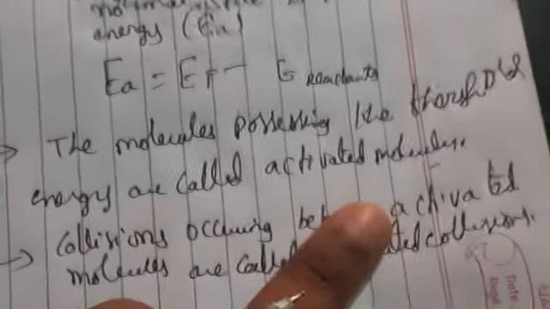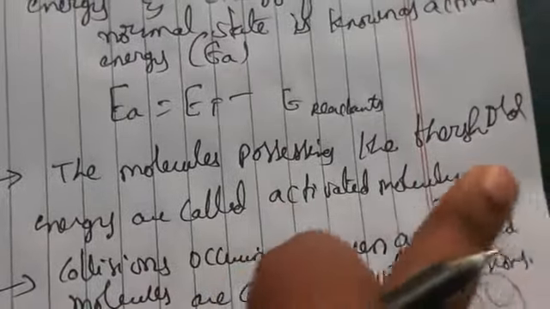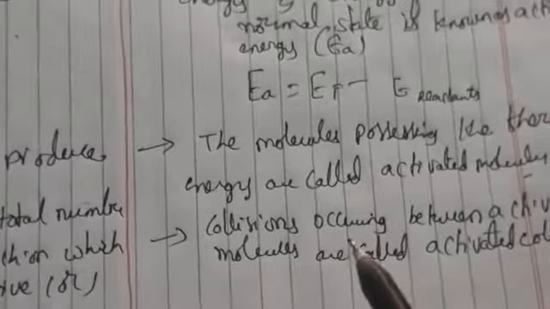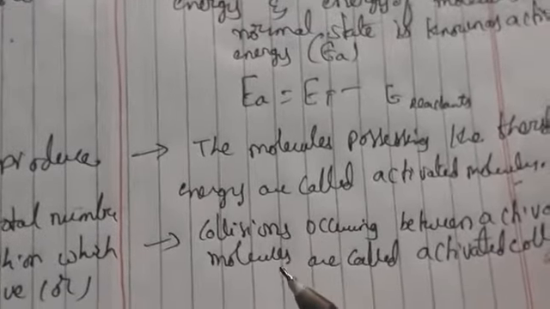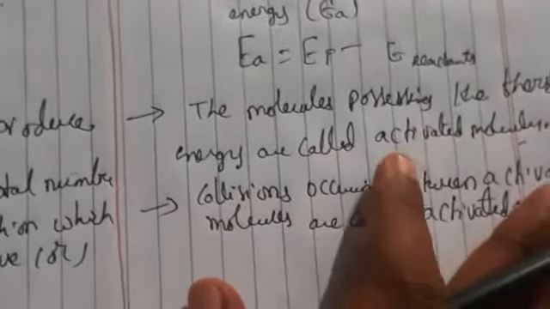What I have told you: the molecules possessing threshold energy are activated molecules. Whenever collisions occur between activated molecules, we call them activated collisions. Generally these activated collisions give the products of the reaction. The fraction of activated collisions among the total collisions is very small.